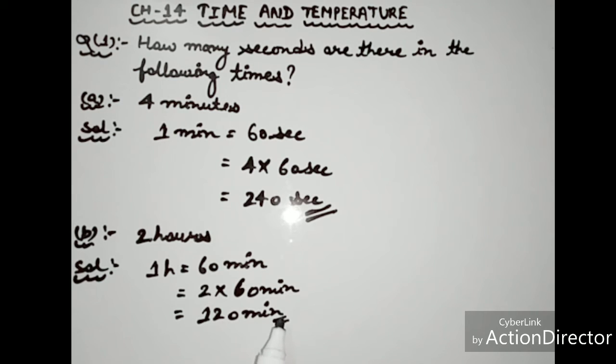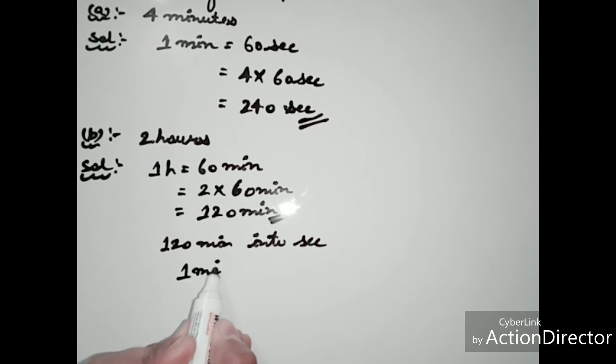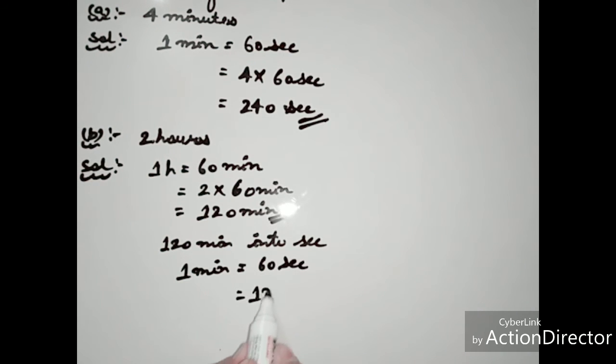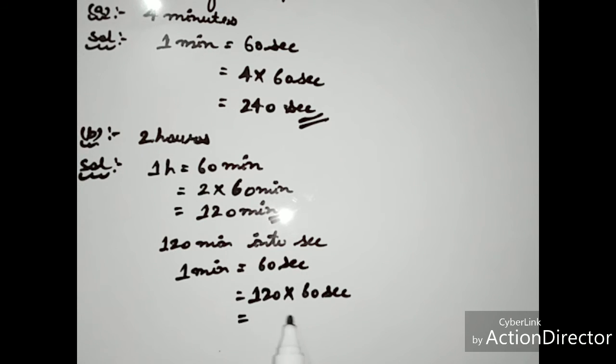After that we convert 120 minutes into seconds. 1 minute equals 60 seconds, so 120 multiplied by 60 seconds. Now 12 times 6 is 72, and after that we put 2 zeros, 7200 seconds. So 2 hours equals 7200 seconds.